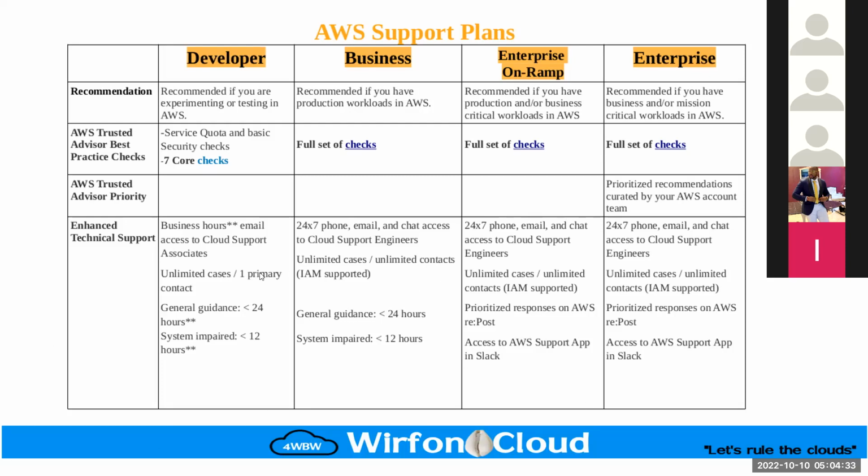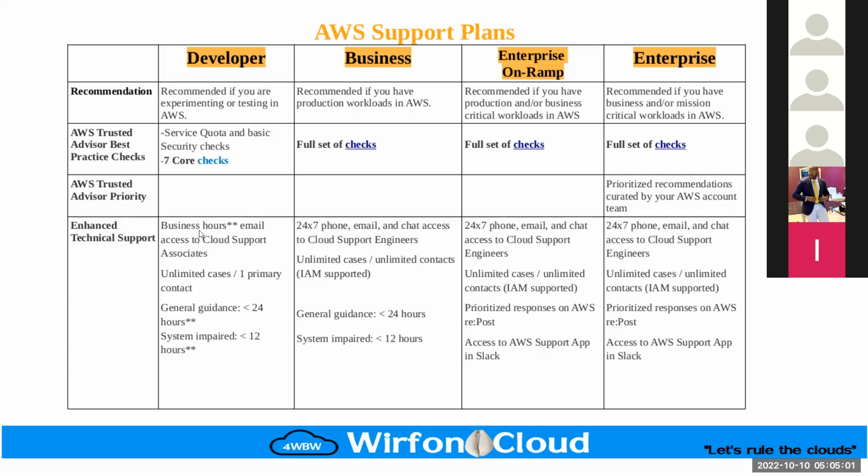If you look at this table, you can see that the more you pay, the more services you're getting access to, right? With the developer support plan, you can only contact AWS during business hours via email to have access to a cloud support associate.